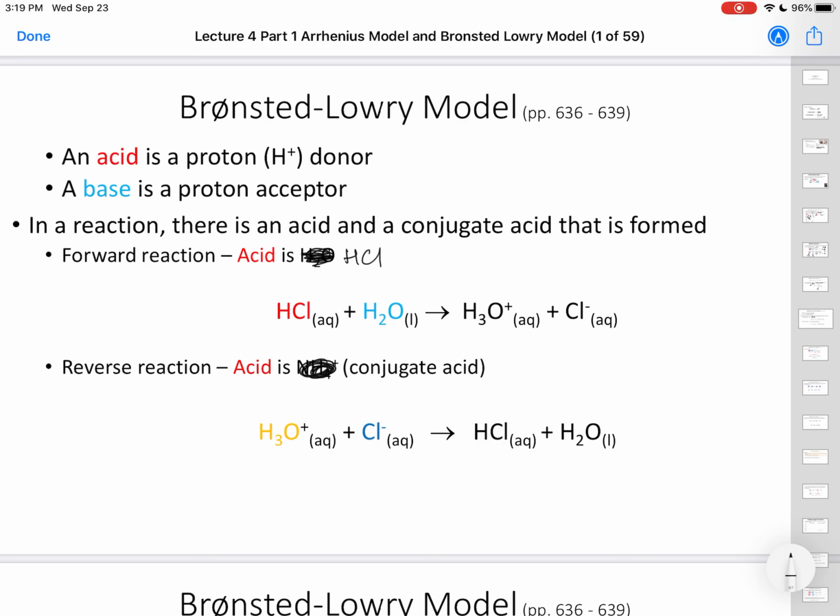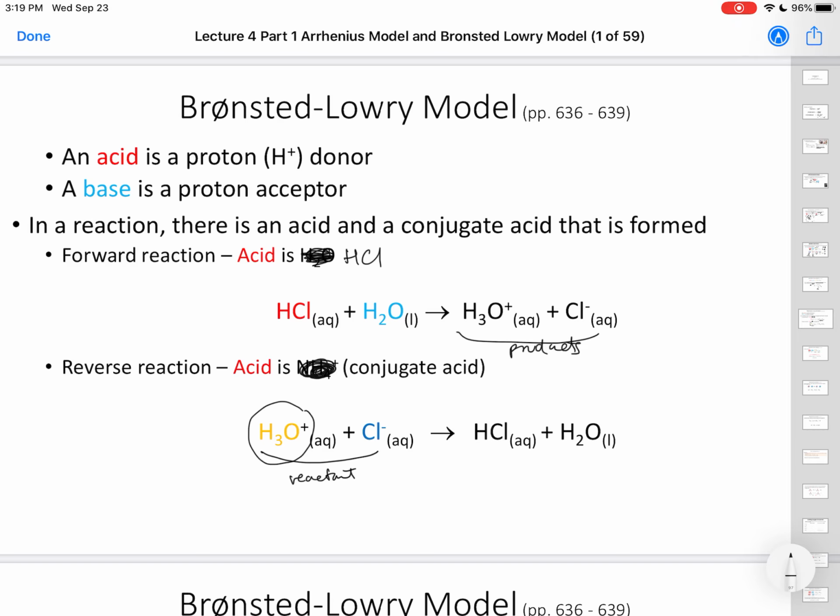In the reverse reaction, let's say that these are the products. If you reverse it, these become the reactants. Let's look at the reverse reaction. H3O plus reacts with Cl minus to form water and HCl. So again, the proton donor in this case is your H3O plus.